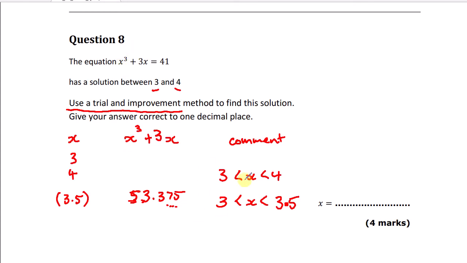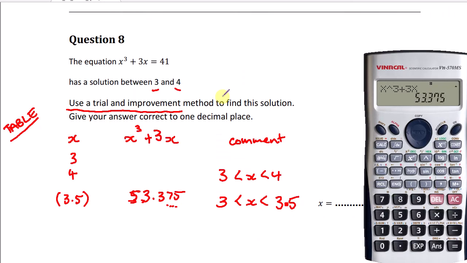The techniques that you're asked for at GCSE gloss over some of these numbers, which is why use a table method. If your calculator has a table, create the list of values to estimate and choose which ones are the correct pairings, because sometimes in certain ranges the numbers might be going down, and that does happen with cubic equations at times, not the ones you'll be given in an exam.